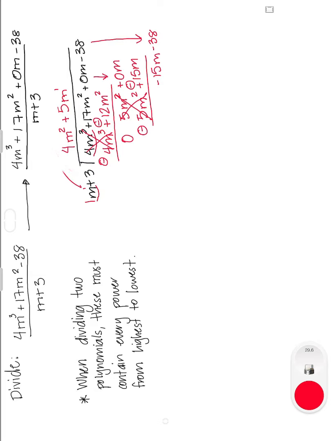Now it's time to look for the value that, when we multiply it times 1m, gives us negative 15m. In this case, that's negative 15. So negative 15 times m is negative 15m, and negative 15 times 3 is going to give us negative 45.